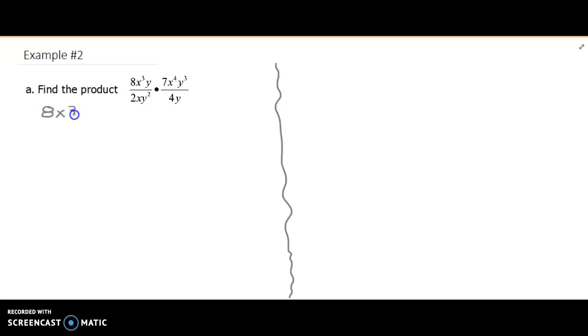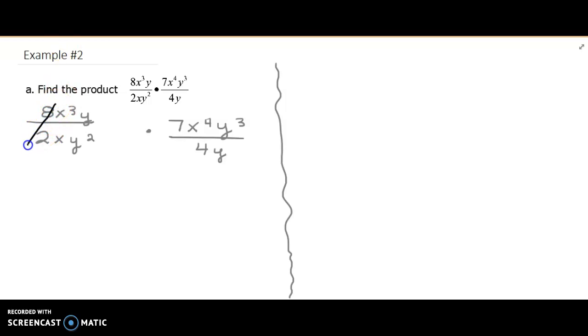So you have 8x cubed y over 2xy squared times 7x to the 4th y to the 3rd over 4y. Okay, so the first thing you could do is simplify each of these rational expressions separately.